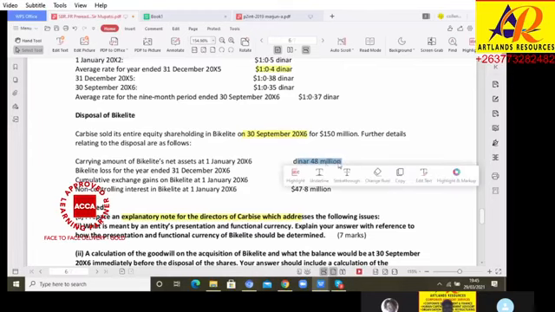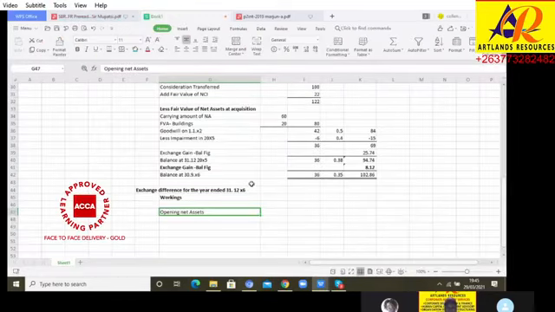We are given them as 48 million dinars. But remember, 48 million dinars excludes fair value adjustments. So you say D48 million plus fair value adjustment, because fair value adjustment is not included in the assets of a subsidiary. It needs to be done as a consolidation adjustment.